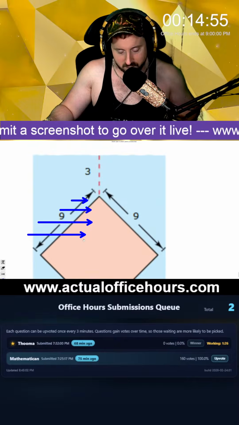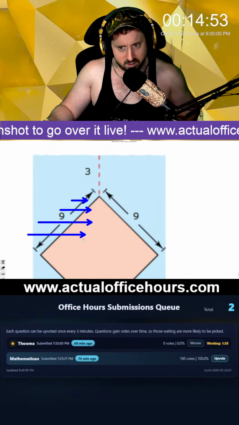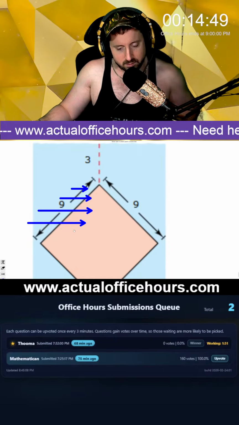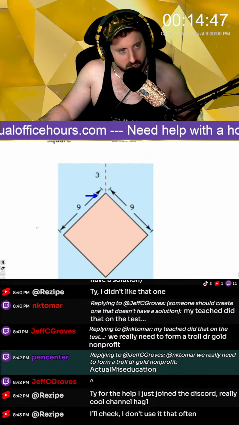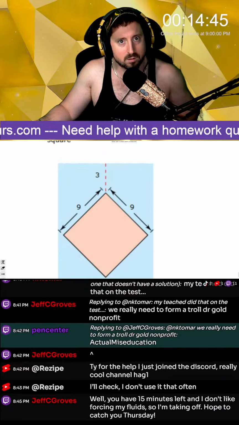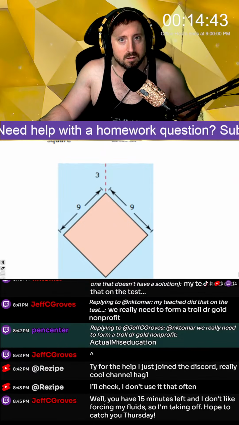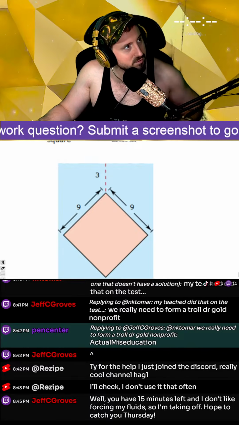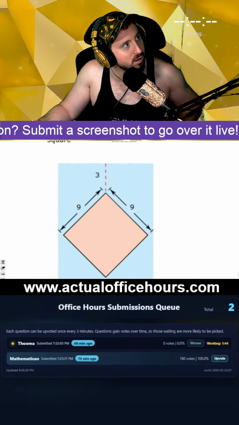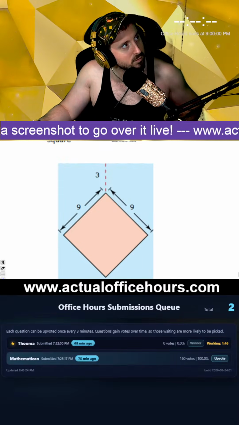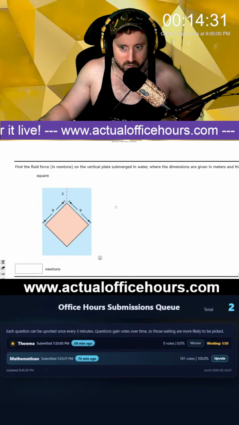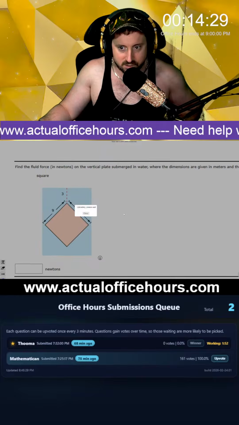Oh, interesting. But wait a minute, because this is a symmetric object, aren't the forces going to cancel? I'm just saying because on each side, right?